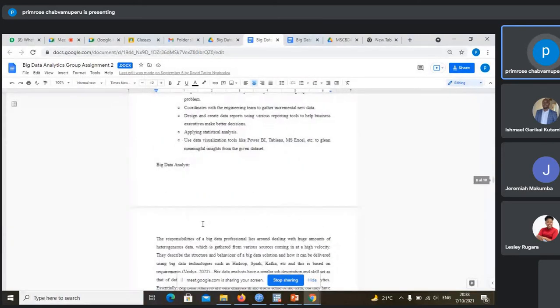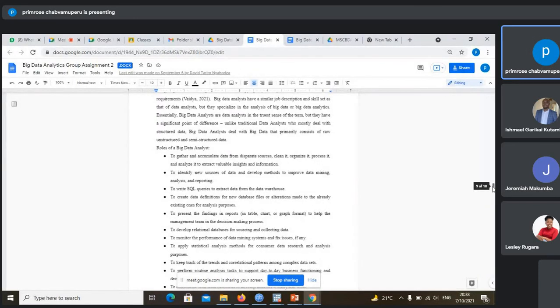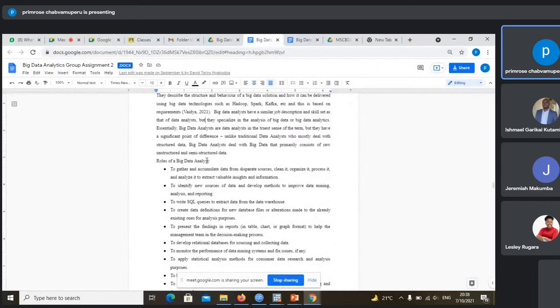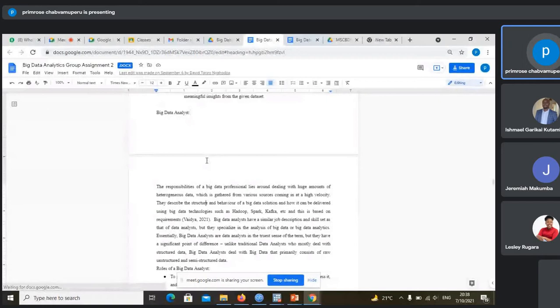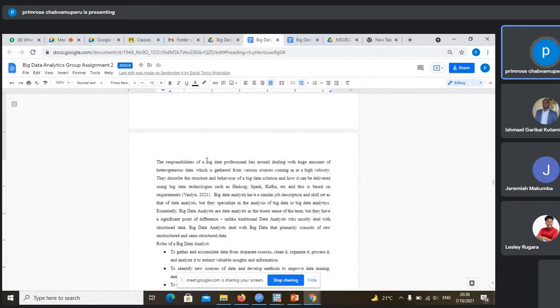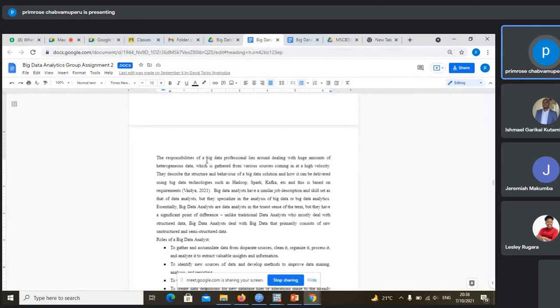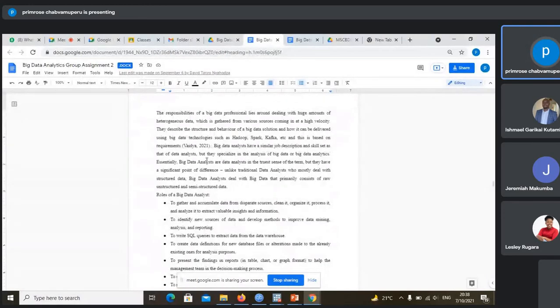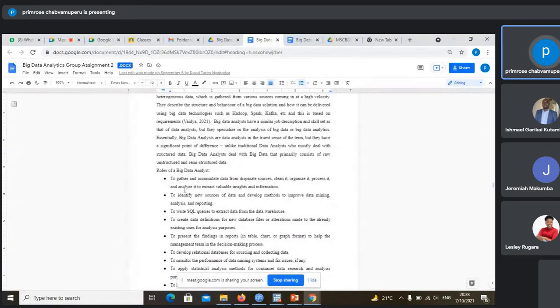So, the roles of a big data analyst. Okay, I'll just read through what I have. The responsibility of a big data professional lies around dealing with huge amounts of heterogeneous data, which is gathered from various sources coming in at high velocity. The roles of a big data analyst are to gather and accumulate data from disparate sources, clean it, organize it, process it, and analyze it to extract valuable insights and information.